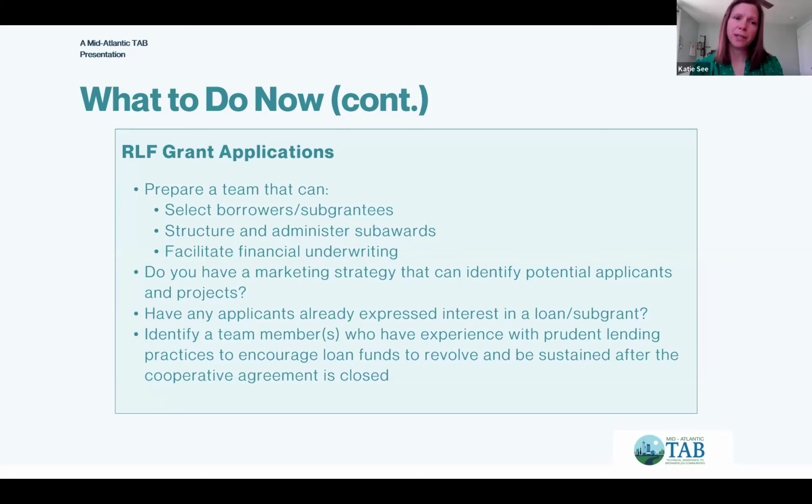And you need to make sure that you have at least one team member who has experience with lending practices so that you can set this grant up in order to keep it alive and revolving for quite some period of time, because an RLF grant is a very long time commitment. So you need to make sure that you have folks on your team who can help you do that and be prepared to do so for a long time. Next slide.